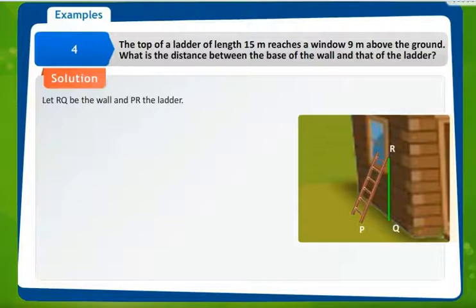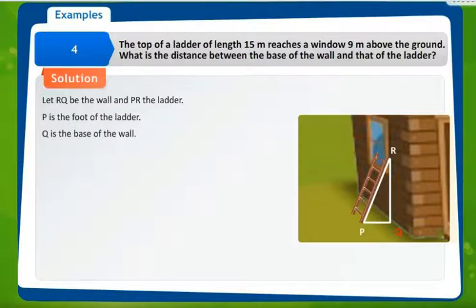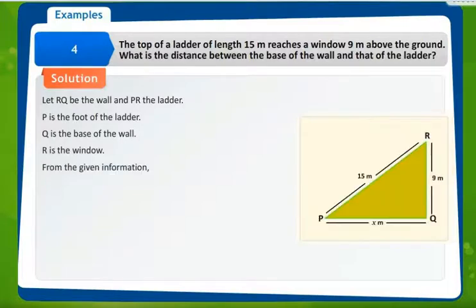Let RQ be the wall and PR be the ladder, because of which it forms a right angle triangle PQR. P is the foot of the ladder, Q is the base of the wall, and R is the window. So from the given information, we have PR 15, QR 9, and PQ is x.